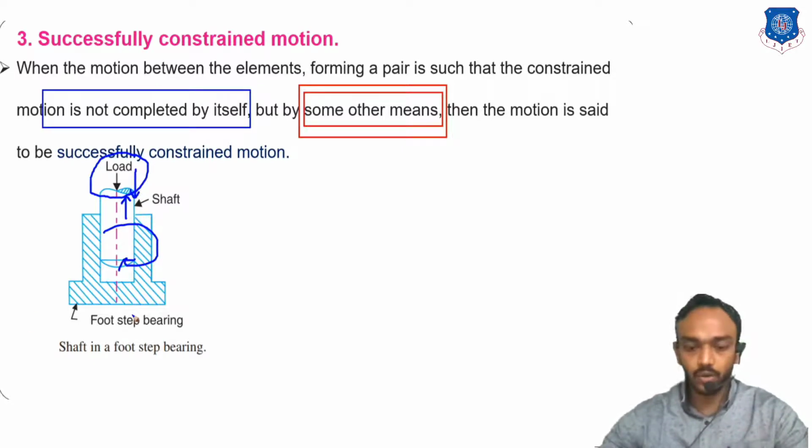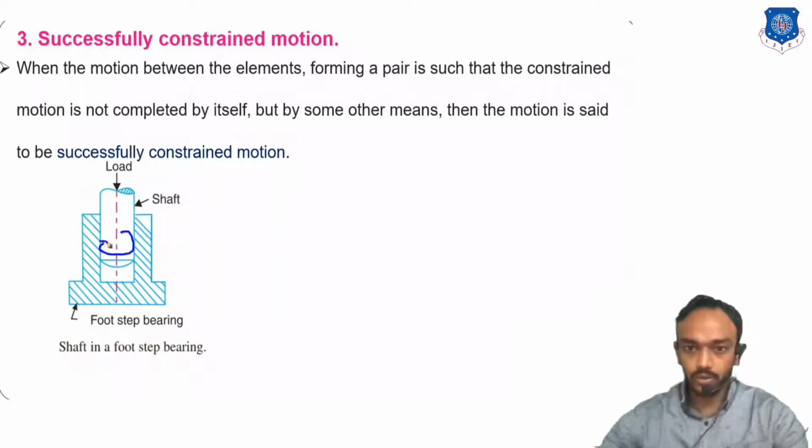So it can only rotate. After applying the force, we make this component totally constrained, with a possibility of motion in only one direction. That's why it is known as successfully constrained. Applying a spring, load, anything, we make the motion of more than one direction into only one direction. Clear?